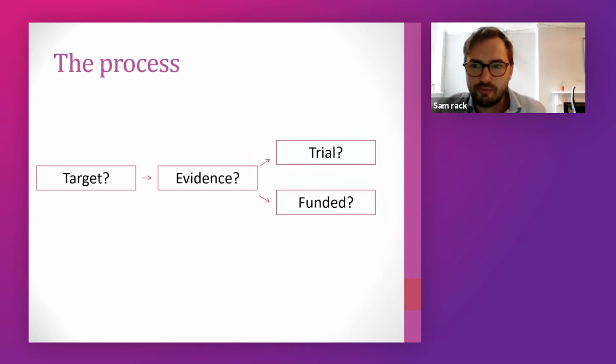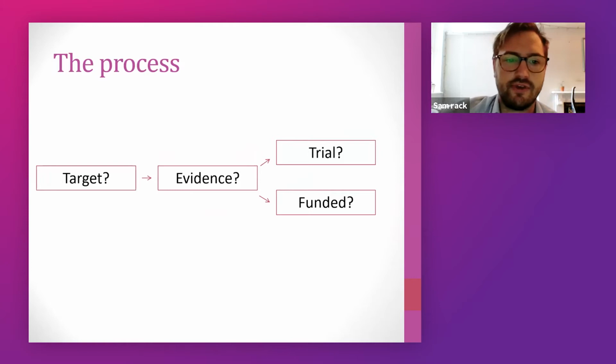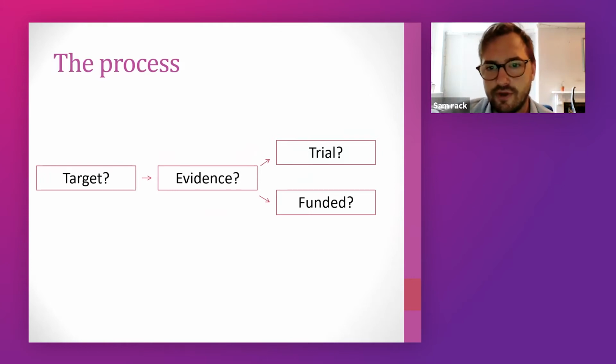So the process we've gone through is to look at the targets. First, we do the sequencing, and we see, are there any changes there? Are there any genes that create proteins where we can look at whether a drug would stop them, or help? If we find a target, one of these mutations, then we look at the evidence behind the drug. Is the drug good? Does it work in that target?